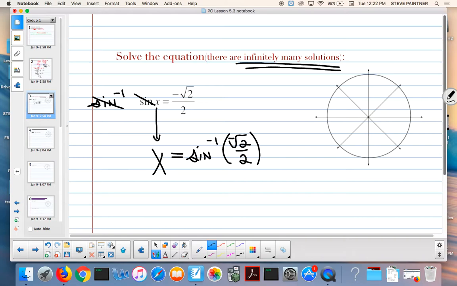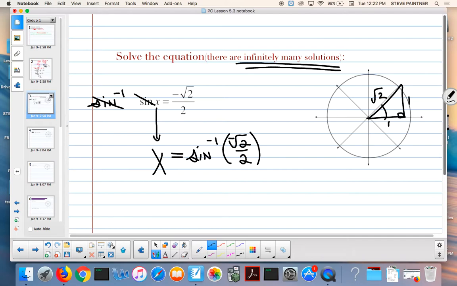Now, what I'm asking you is, what triangle will give us this ratio? It's got to be the 45. It's got the square root of 2 in it. Now, the ratio, though, is negative. Kyle, you said 45, and 45 is going to give you square root of 2 over 2, because opposite 1 over this is square root of 2 over 2. Problem is, it's negative.